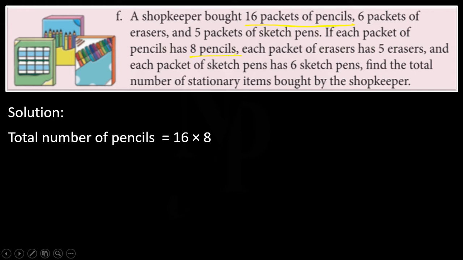So, to find the total number of pencils he bought, we have to multiply 16 and 8. So, we write 16 and 8. 16 into 8 is the total number of pencils. So next, let us find the total number of pencils he bought by multiplying 16 by 8.